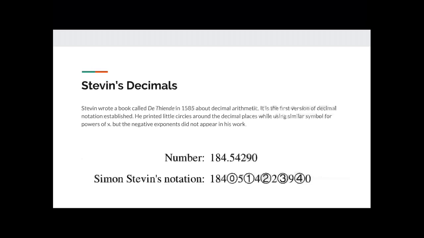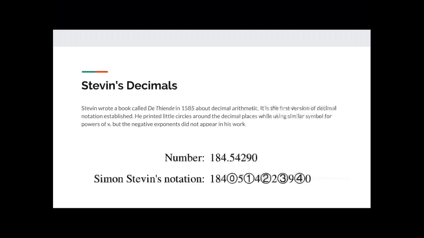Stevin wrote a book called De Thiende in 1585 about decimal arithmetic. It is the first version of decimal notation that was established. He printed little circles around the decimal places while using several symbols for powers of x.